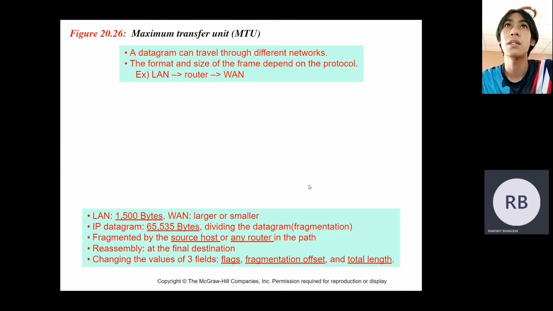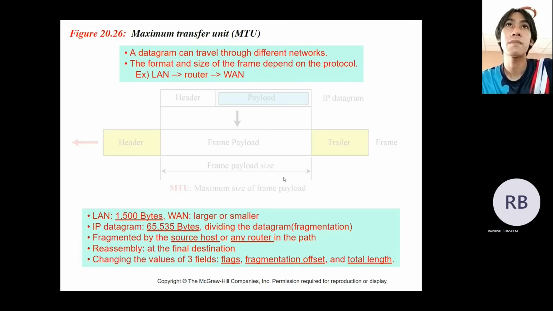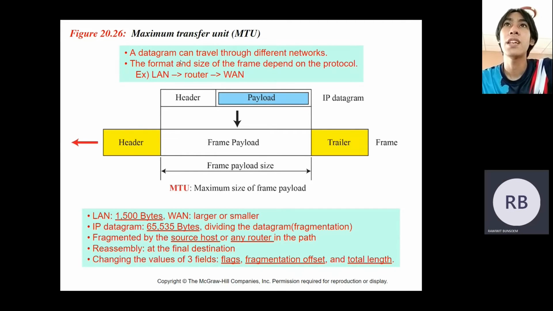The next is maximum transfer unit, MTU. A datagram can travel through different networks. The format and size of the frame depend on the protocol. MTU is the maximum size of the frame payload.